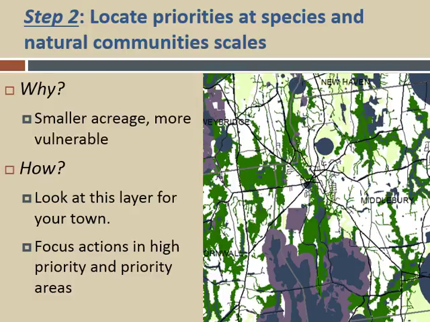So for example, if we were to lose a half acre of something that covers only 1 acre total, then that means a whole species or a high percentage of a natural community might be wiped out in that area. And so because these discrete areas can be very vulnerable, they indicate places where it might be more appropriate to focus strong protections with the strongest protection measures for the highest priority areas.